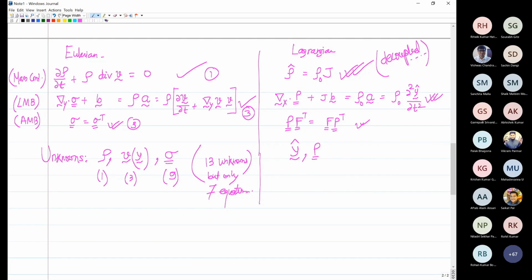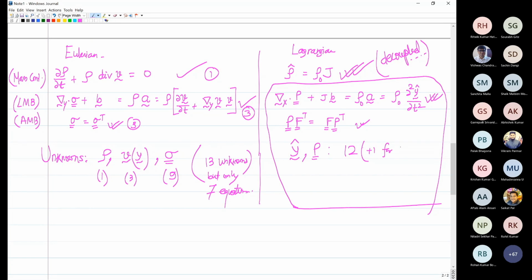Okay. So that means it's a decoupled equation. So if I just talk of this one, then the unknowns are 9 plus 3, 12, right? And I'll just say in the bracket plus 1 for rho.